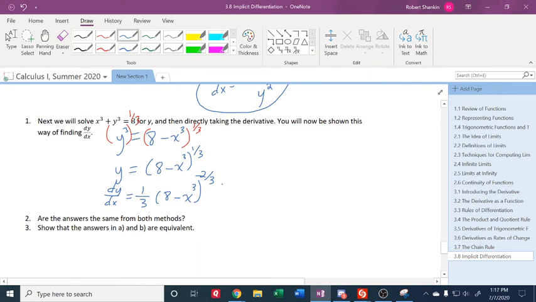The derivative of 8 is 0. The derivative of negative x cubed is negative 3x squared.